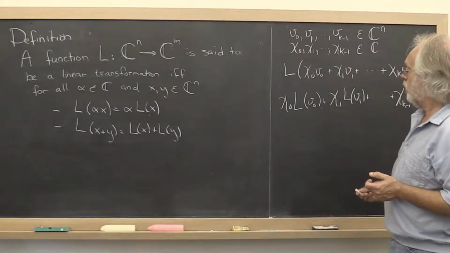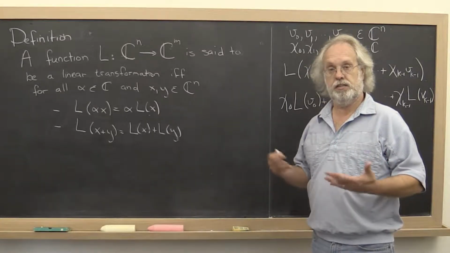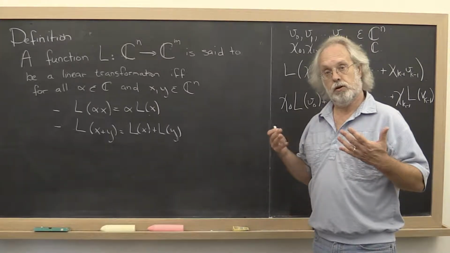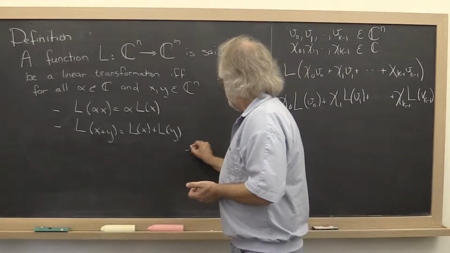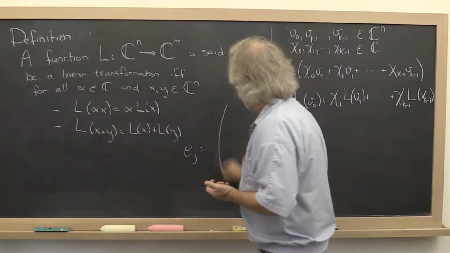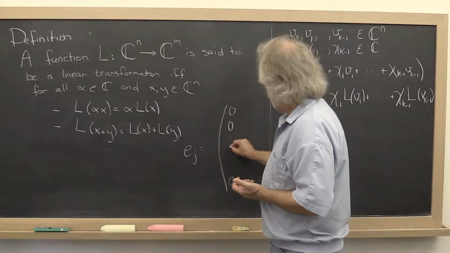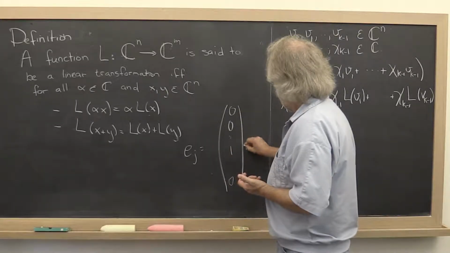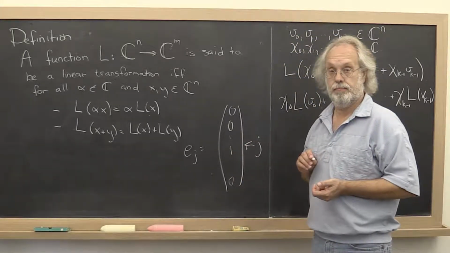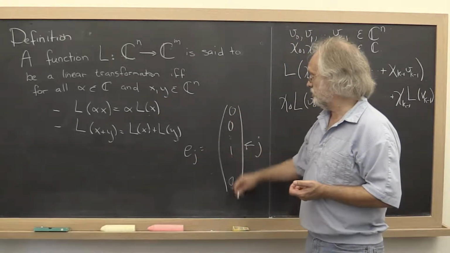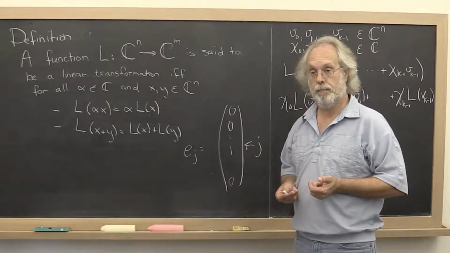Why? Well, there is a special set of vectors in C^n that are our friends. We call them the standard basis vectors. What are they? e_j is the vector of all zeros with a 1 in the entry indexed with j. So e0 is 1 with all zeros, e1 is 0, 1, and then all zeros, and so forth.